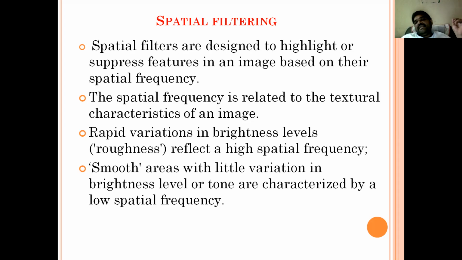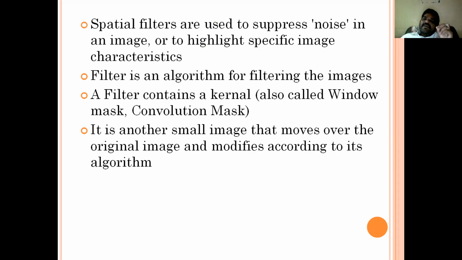Did you understand? 0 to 255 is the range of pixels. If the variations are more, it gives rough texture. If the variations are little, it gives smooth texture. These are used to suppress the noise in an image or to highlight specific image characteristics.